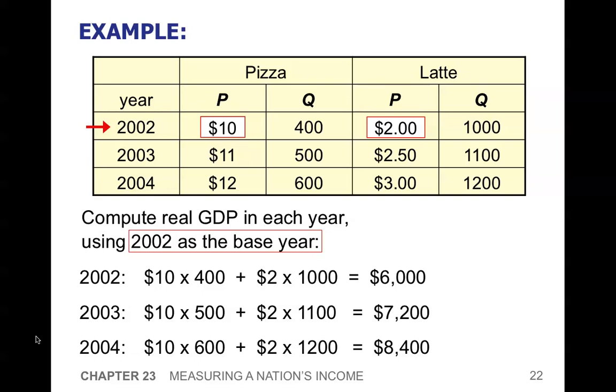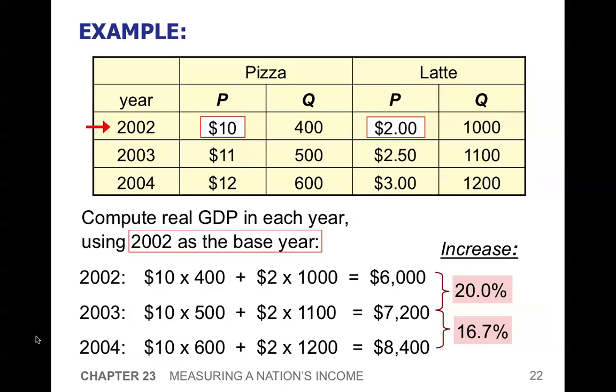So the prices are the same. The quantities are different. The increases have leveled off, but in this case, we are looking at changes in merely the quantities and not the prices.